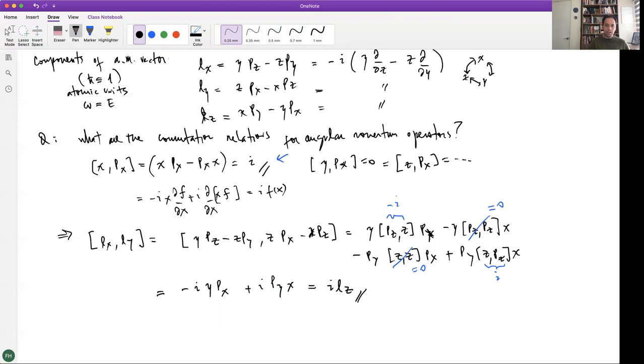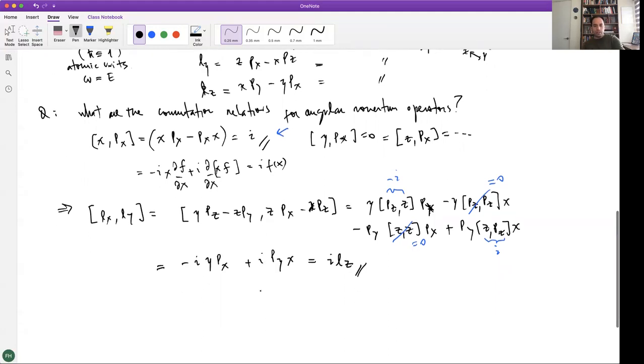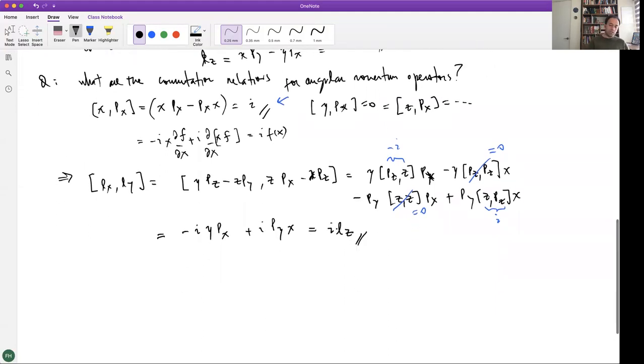Okay. So the commutator of x and y gives you z, proportional to z, and the proportionality factor is iℏ. Okay. So we can write down similarly for the other components.